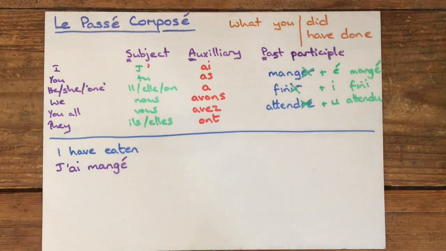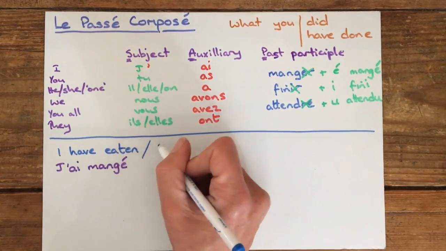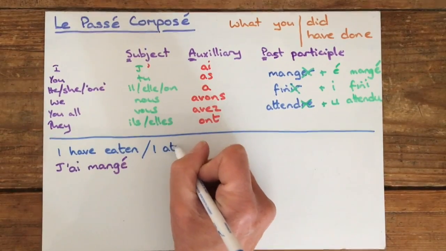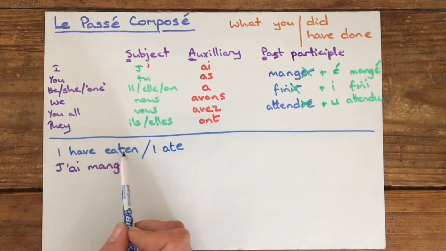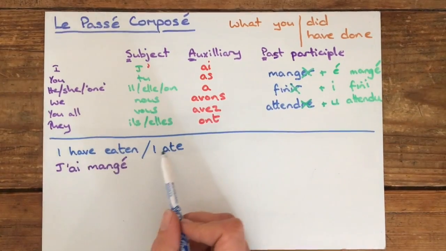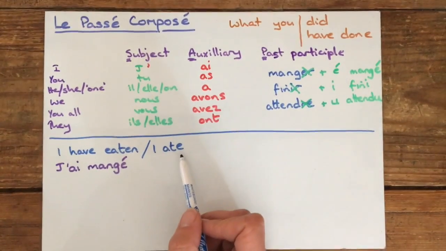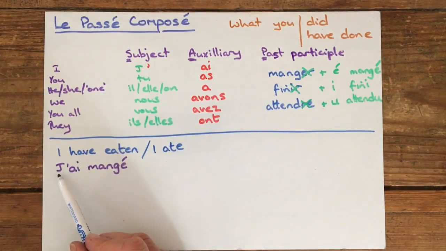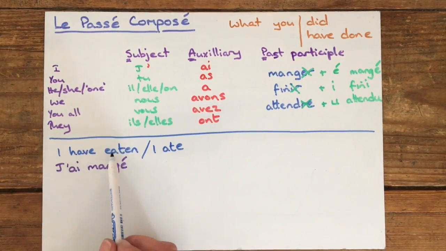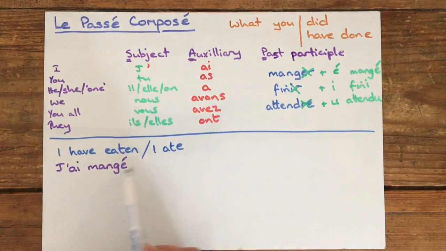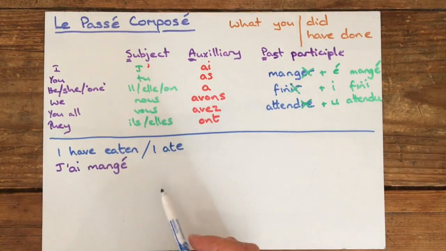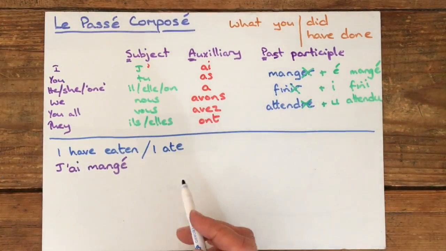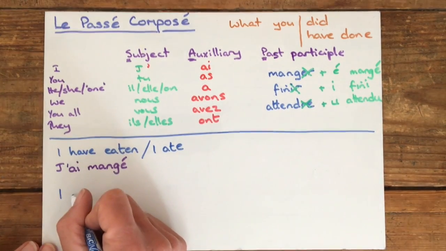J'ai mangé. Now interestingly, this can be translated into English as I have eaten or I ate. In English, you've got two past tenses. I have eaten and I ate. But in French, they're both going to be translated as the same passé composé. J'ai mangé means I have eaten, and j'ai mangé means I ate. Okay, so let's do another one. Let's do I watched.